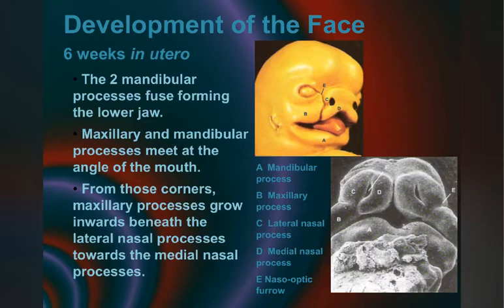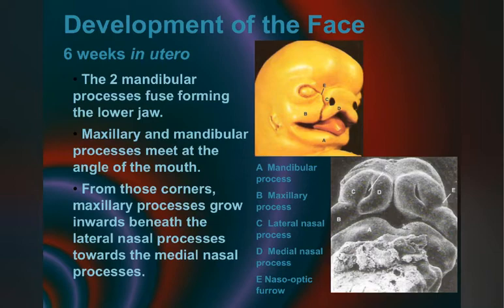We have two grooves that we should be able to name at this stage. The first groove is between the maxillary process and the lateral nasal process, which is letter E here.